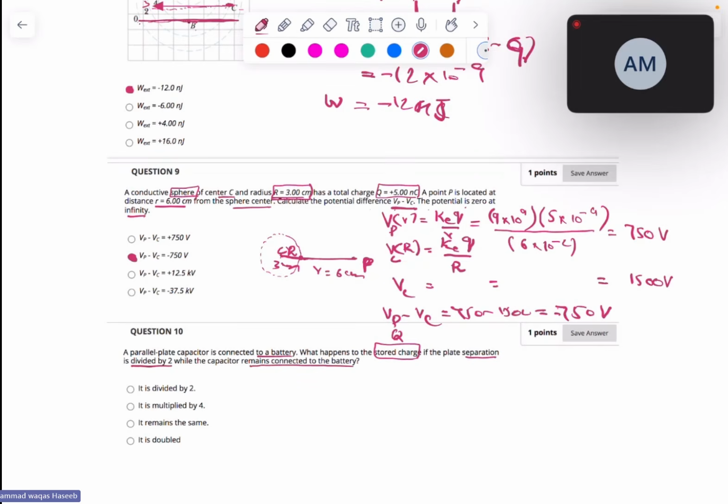If the plate separation is divided by 2, it means we are decreasing the distance.